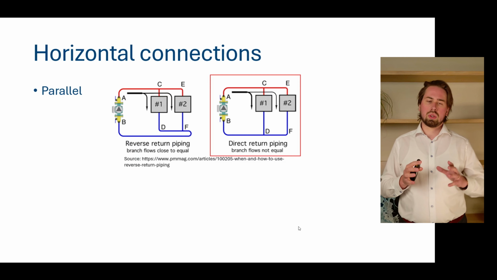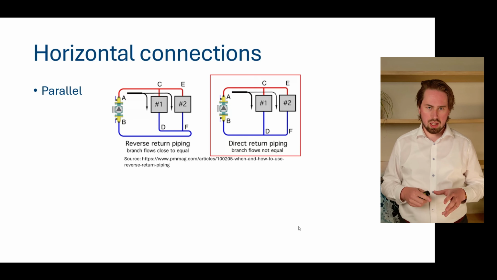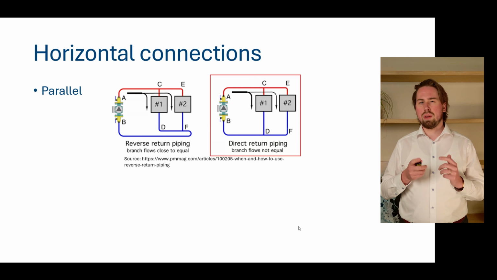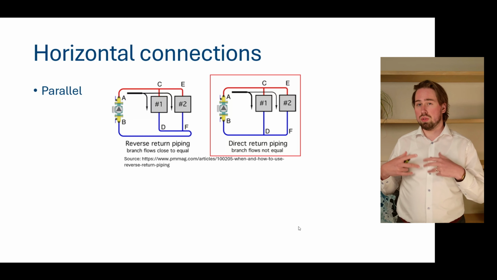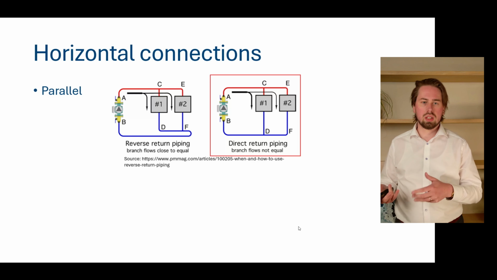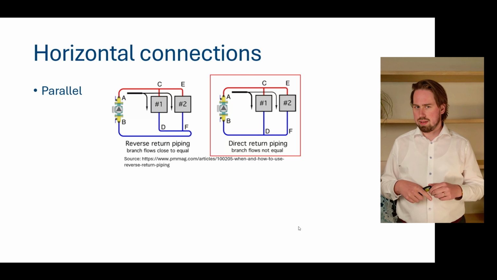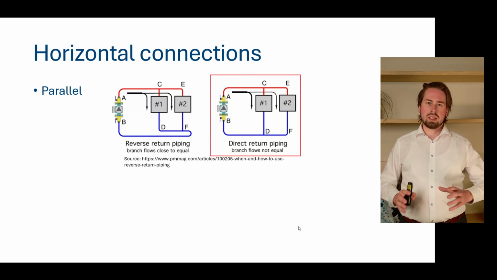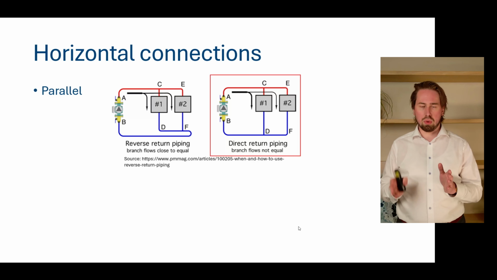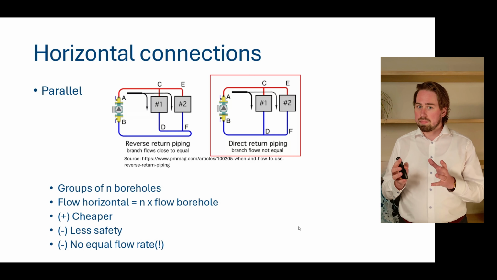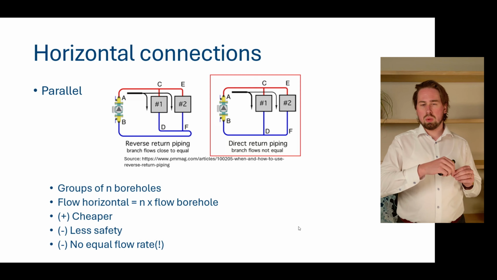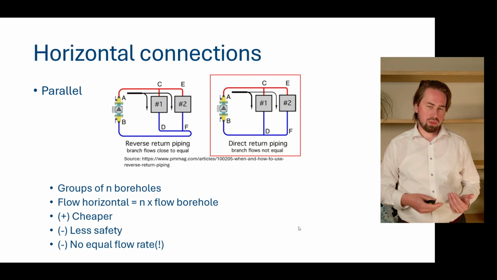Another option is to work with parallel connections. Here we have 2 different options, and the one on the right, called direct return piping, is in this case the parallel connection. The other one we will discuss in a second. The idea here is that we group boreholes, groups of 2 or 3, together, and connect them with one horizontal connection to the manifold.